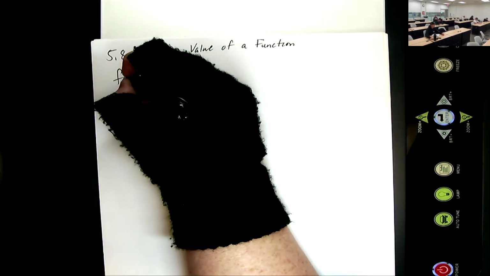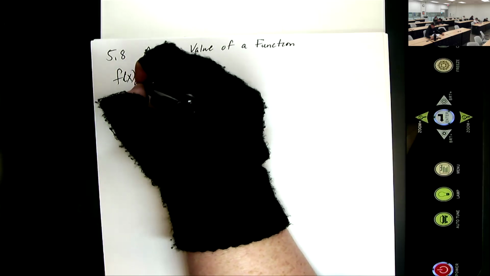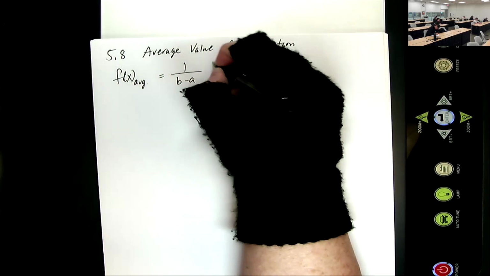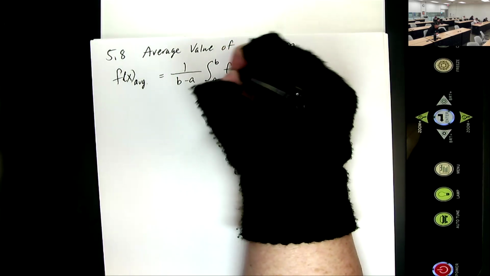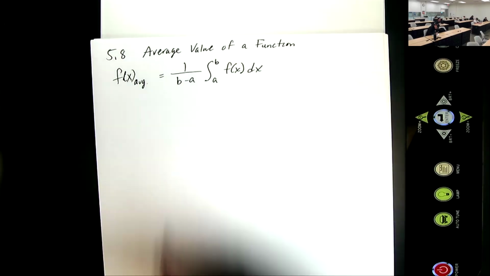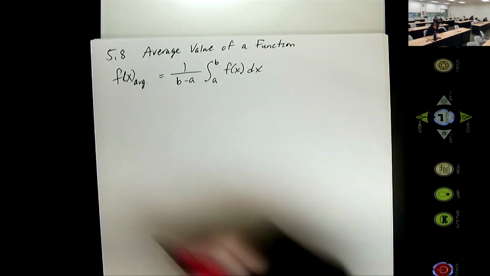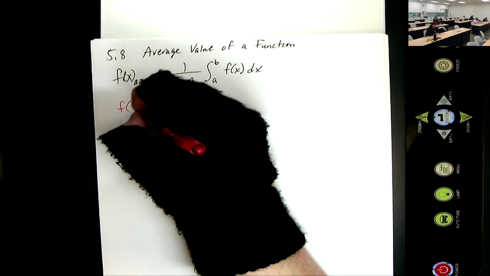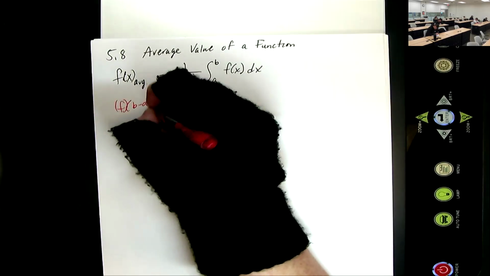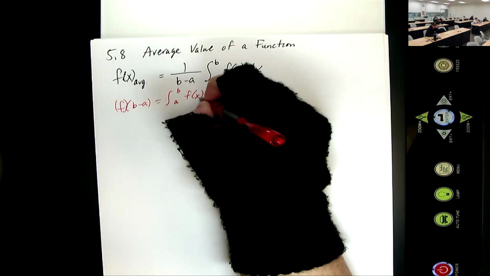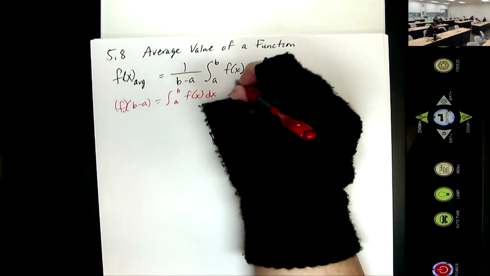F of t average or f of x average is 1 over b minus a times the integral of a to b f of x dx. When we started the mean value theorem for intervals, we started with f times b minus a equal the integral. But then you're just dividing by b minus a and you get that.